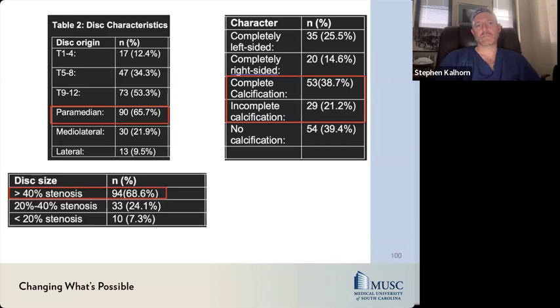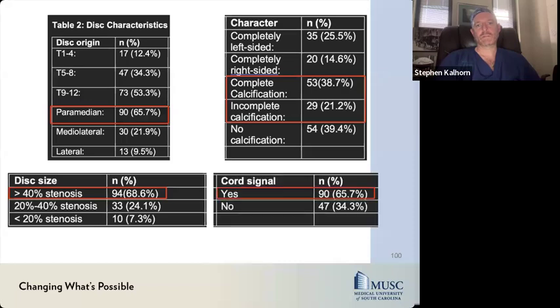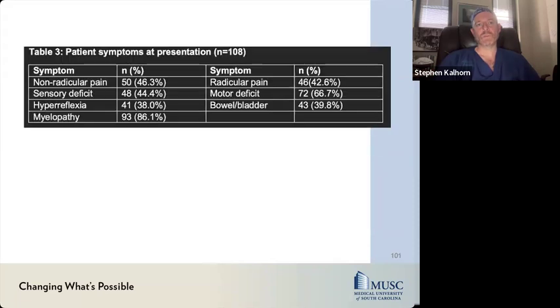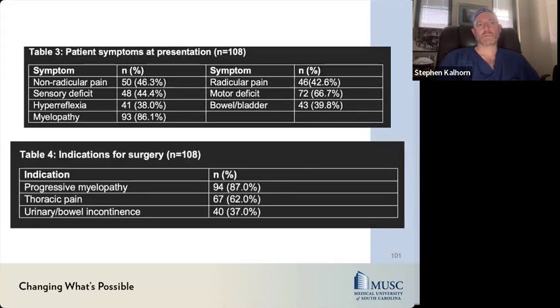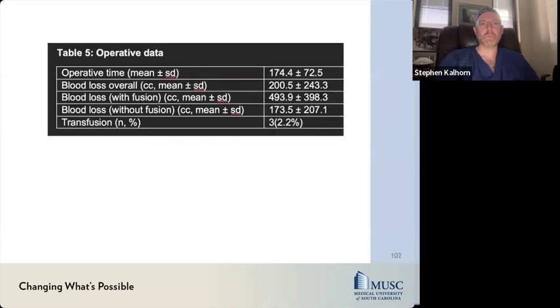Nearly 70% of them were considered giant thoracic discs, occupying more than 40% of the canal, and 65% had pre-op cord signal change. Most of these folks had sensory deficit, hyperreflexia, myelopathic signs or symptoms, which justified doing surgery, obviously. And then the urinary and bowel incontinence rate was pretty high too. I mean, that's obviously from the cord compression.